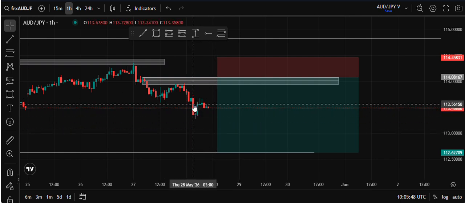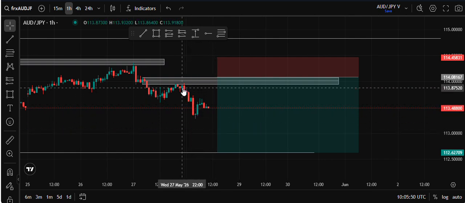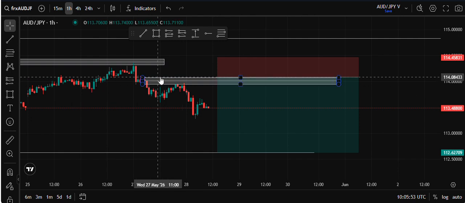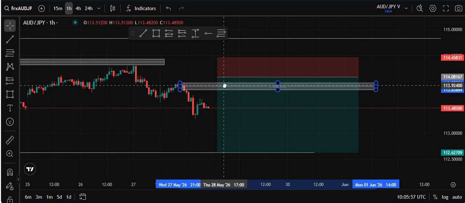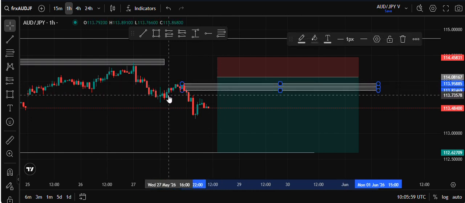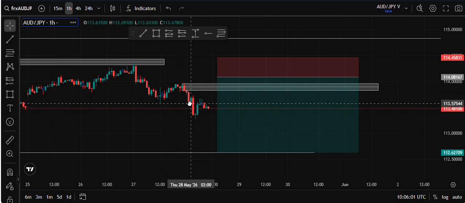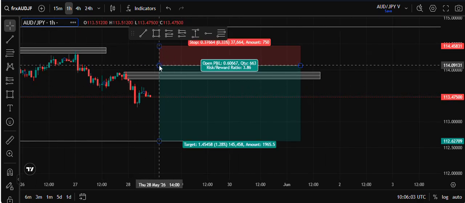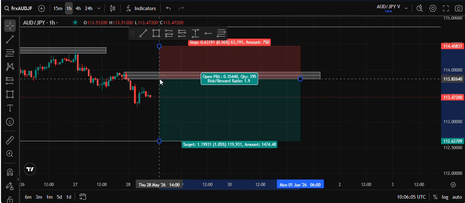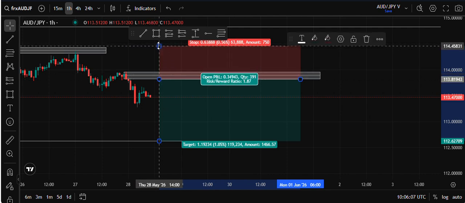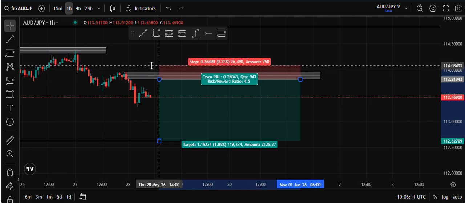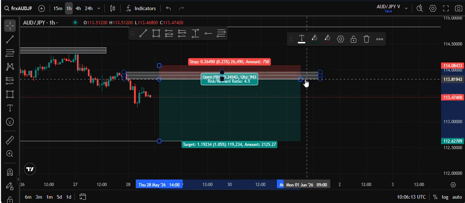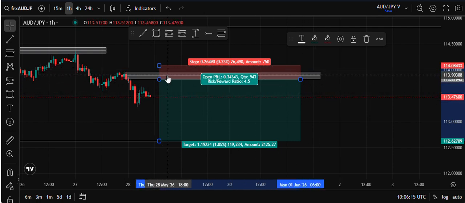We have our down here. Then you could say this is maybe our new one. We could move it again because that hasn't been respected. Then you can move your entry to this level. Your SL should be around here, giving it a gap in case you want to go a bit.